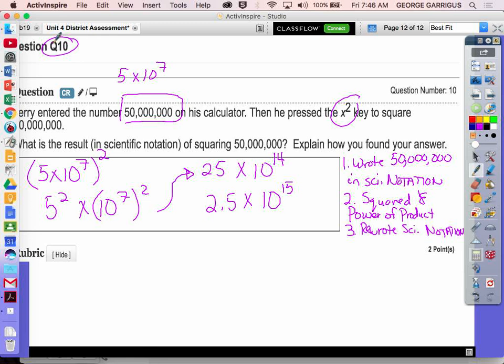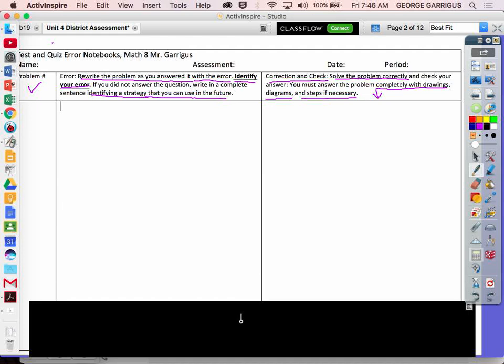What would this look like if you messed it up? All the way back on the example. Let's say, for example, I was doing problem number 10. And I would rewrite the problem exactly as you saw it.